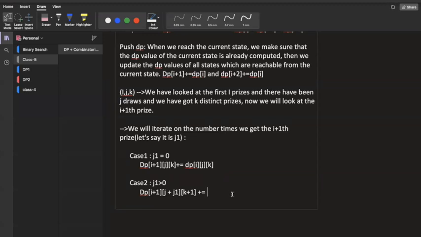Now that's the tricky part here. Any guesses as to what this transition should be?